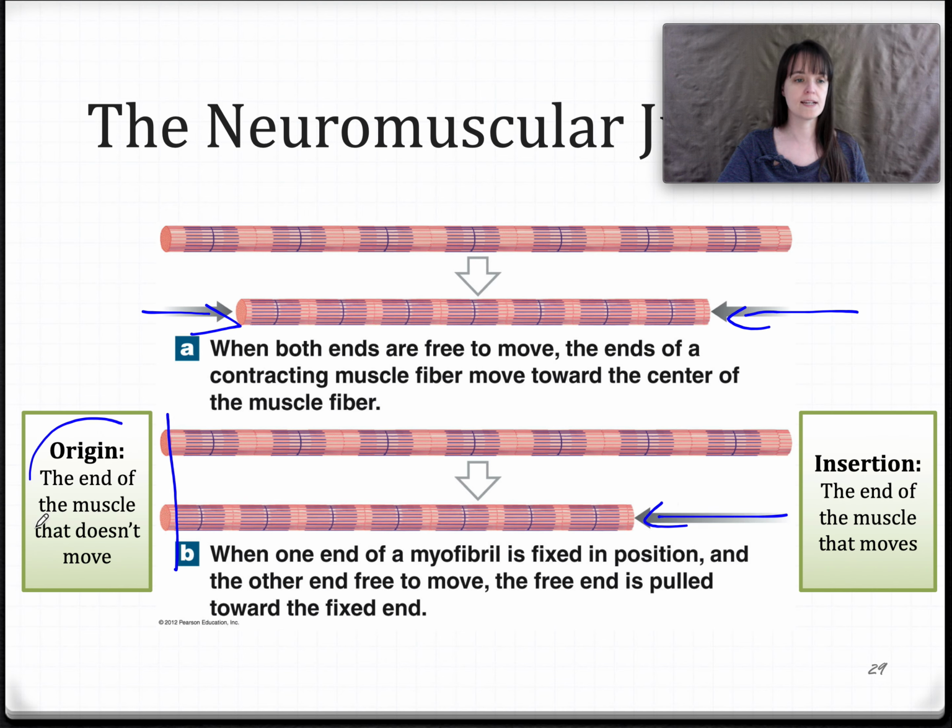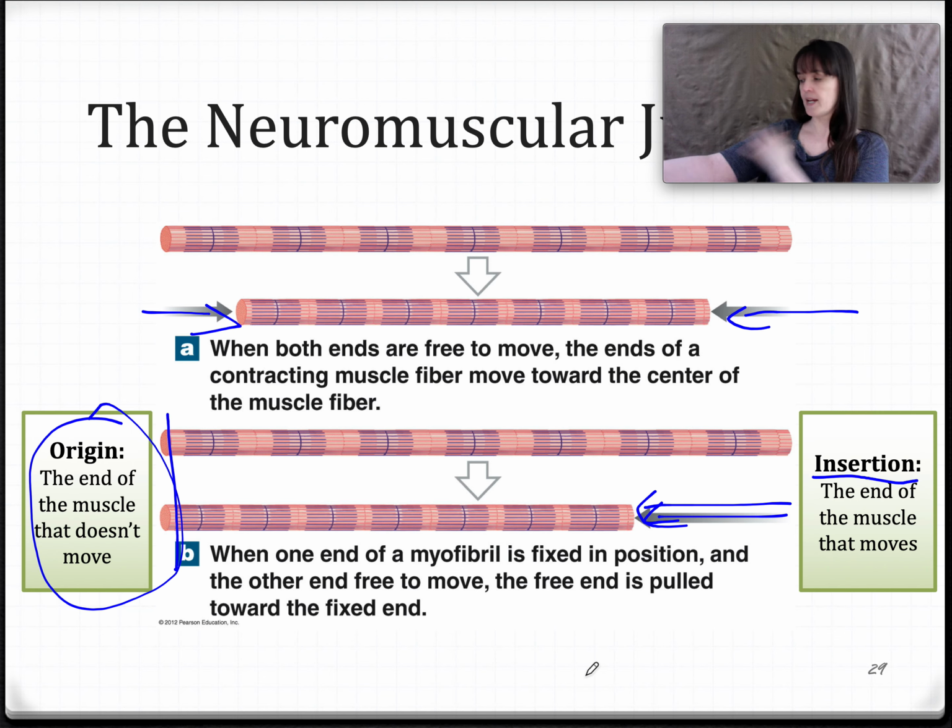The origin is the end of the muscle that does not move. The insertion is the end of the muscle that moves. On the off chance that both ends move, generally the proximal end is considered the origin and the distal end is considered the insertion. But think about your biceps brachii. It goes from your shoulder to your forearm here. When you flex your biceps, does that move your shoulder?